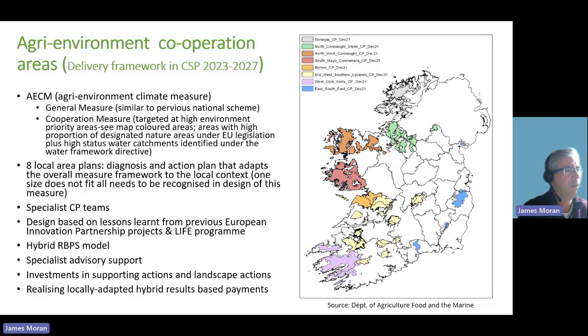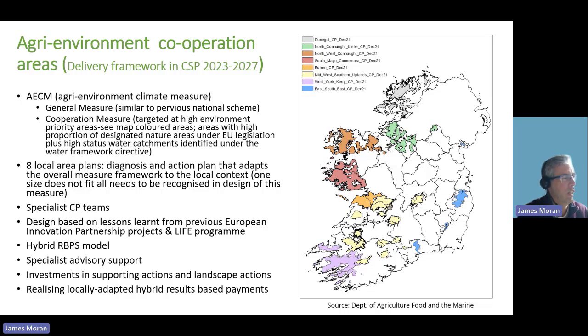When these areas have been identified, the catchments have been brought together in 8 local areas, and these 8 cooperation project areas will have local area plans. This should incorporate a diagnosis and action plan that adapts the overall measure framework to the local context, recognizing that one size does not fit all within the design. We have specialist cooperation project teams delivering these and supporting the delivery of these within the 8 cooperation project areas.